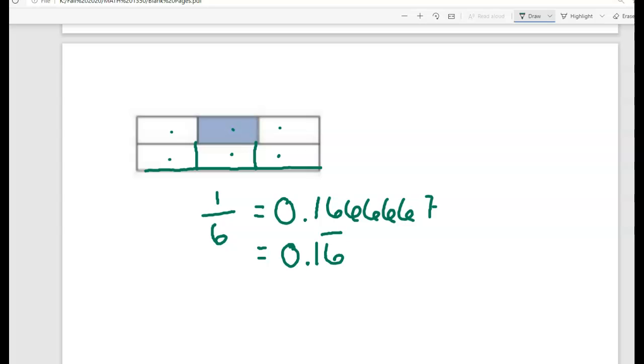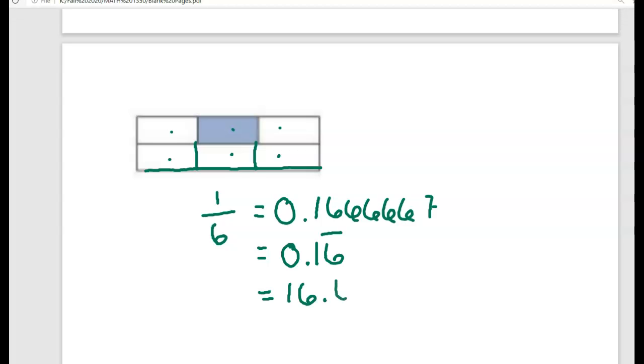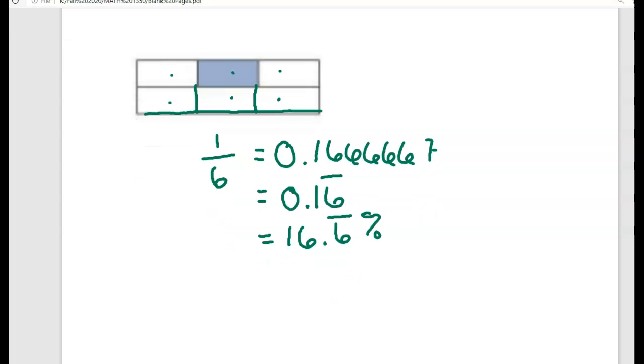And so if we were to multiply this by 100, we would get 16.6 repeating percentage. We don't really like using repeating decimals when we're looking at percentages. It's not a very accurate description.